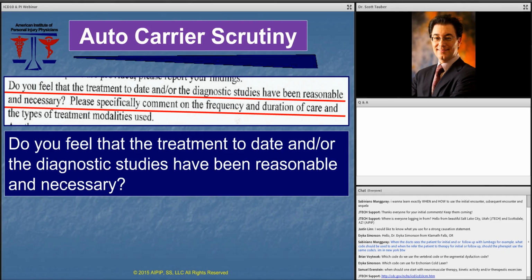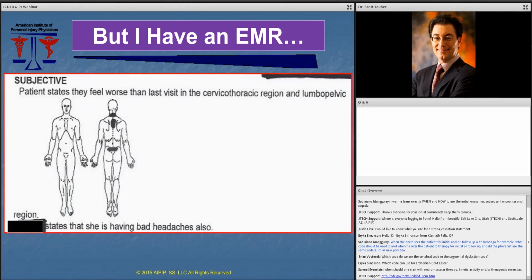And a lot of doctors think, well, I'm protected. I've got this fancy EMR that I spent $10,000 on, or maybe I got it free, or somewhere in between. Well, I have an EMR. It's going to protect me. This is not going to protect you, at this level. Just because you have an EMR and you can press some buttons and print out a nicely typed treatment note is not going to protect you.